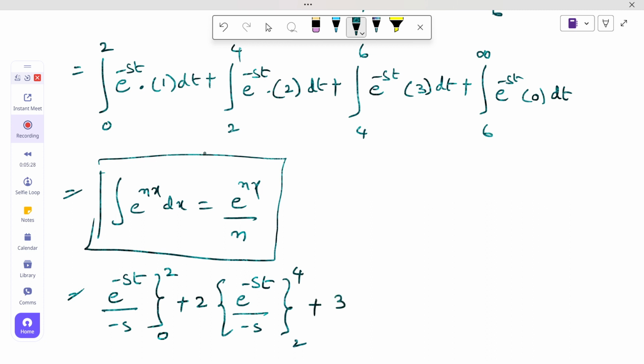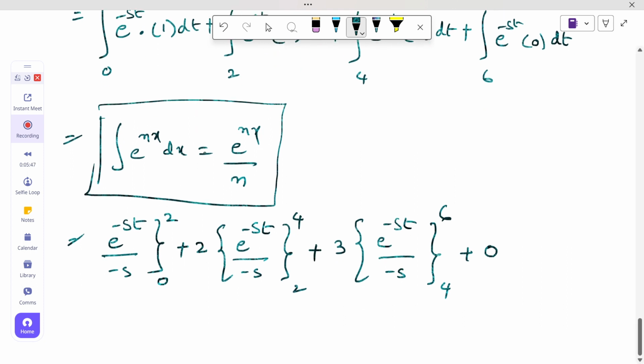Then plus 3 into e power minus st divided by minus s, with limits from 4 to 6. Then the next integration equals 0, since 0 into something is 0.